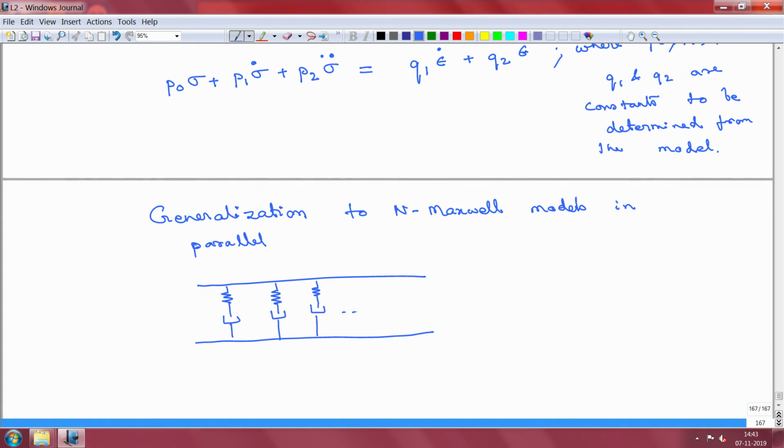We have many of these Maxwell models, n in total number. This is the nth element, and each element is individually a Maxwell model. If you write the constants, you will start with E1, E2, E3, and go on till En. Similarly, you will start with eta 1, eta 2, eta 3, all the way till eta n.